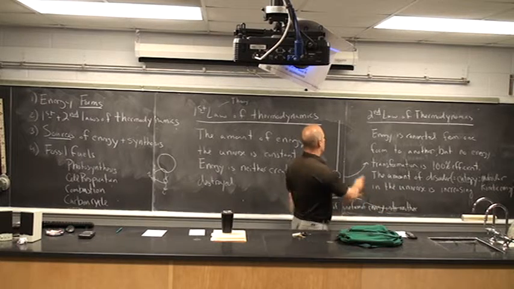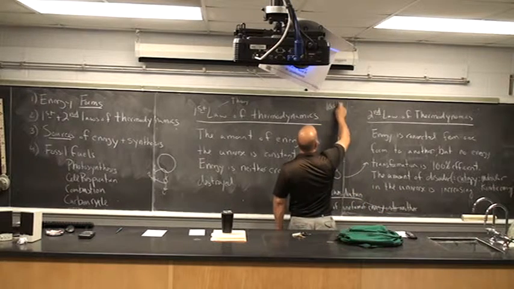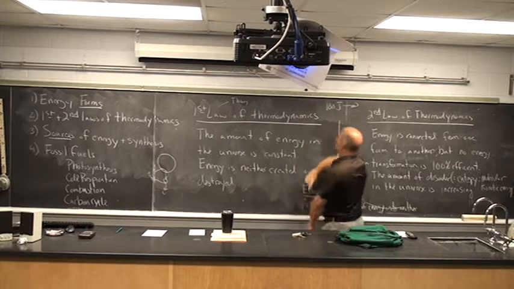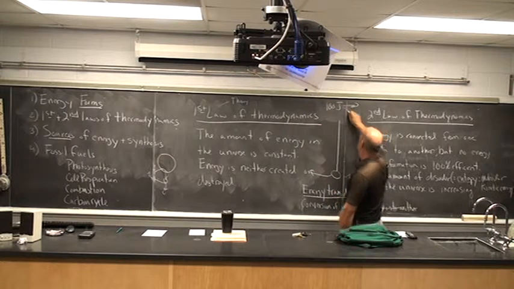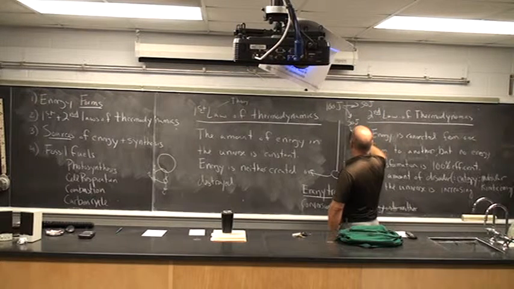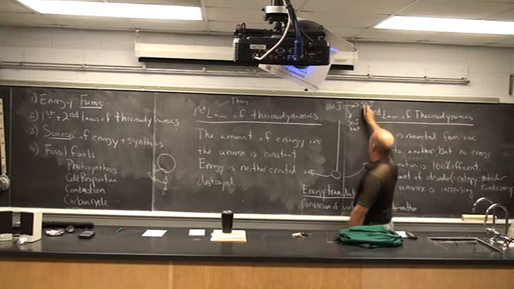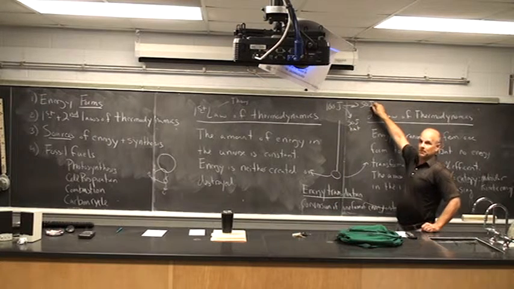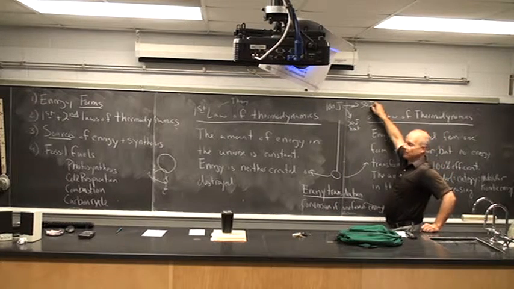Okay, so if I start off with 100 joules and I do some energy transduction and I'm able to capture 50 joules and the other 50 goes to heat, that's a 50% return on my conversion.